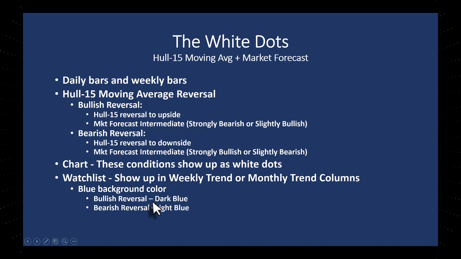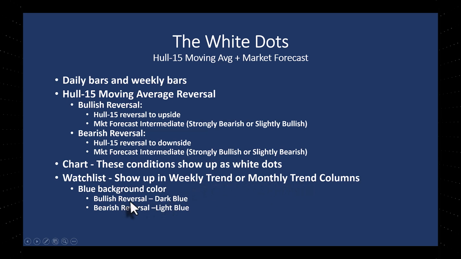So on the watch list, the white dots show up on the weekly trend column and the monthly trend columns, and the raw numbers just show the percentages of what the stock has done over the last week or the last month. And on the weekly column, we're using daily bars, and on the monthly column, we're using weekly bars.